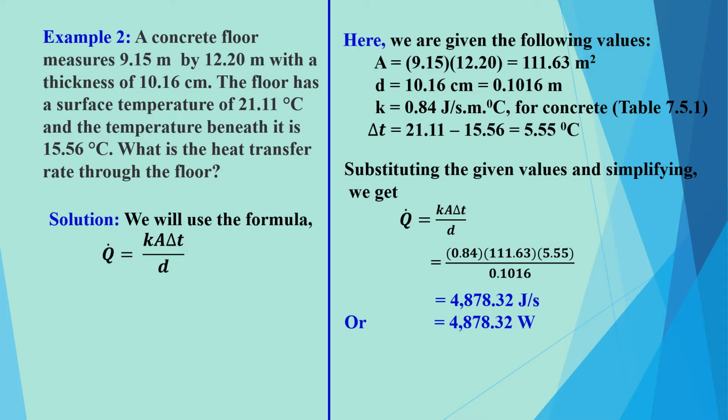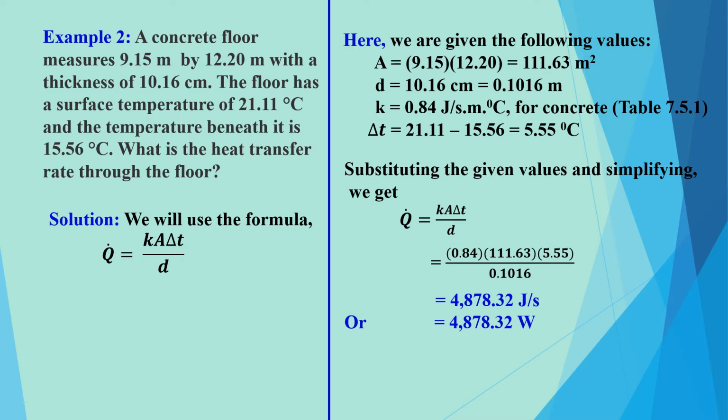The thermal conductivity for concrete as found in table 7.5.1 is 0.84 joules per second per meter per degree Celsius, and the change in temperature is 21.11 minus 15.56, which is 5.55 degrees Celsius.